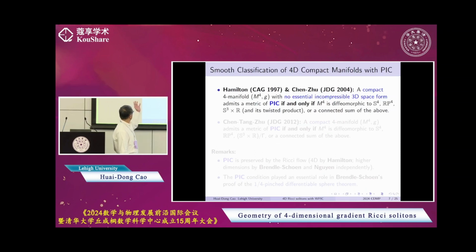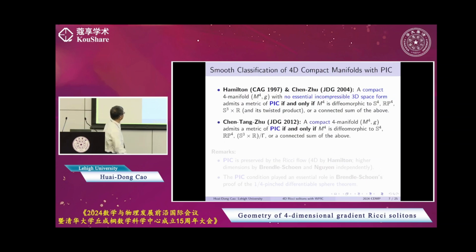So there's some issue with the essential incompressible 3D space forms, and 15 years later, with another coauthor they were able to complete the whole thing, giving a complete classification of 4 manifolds with a PIC metric.